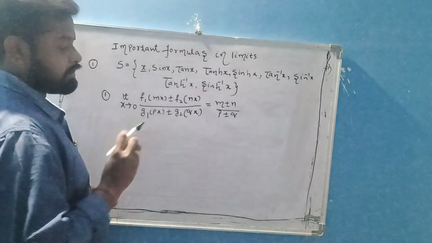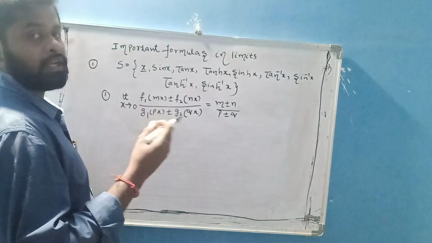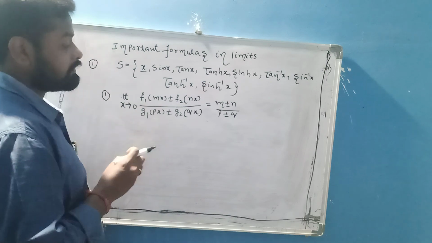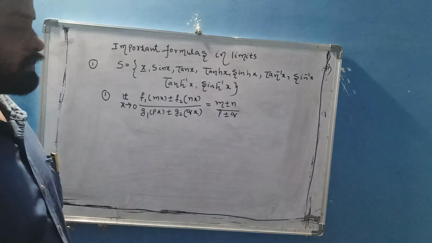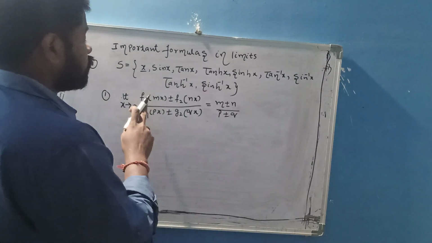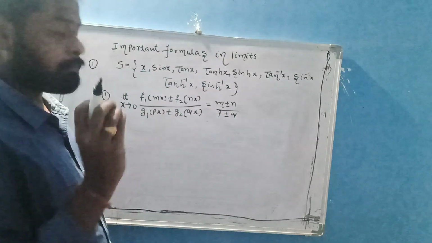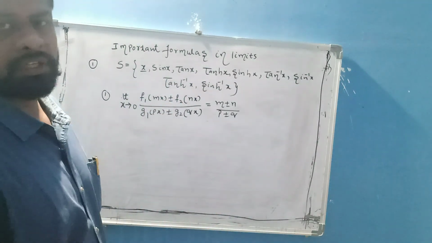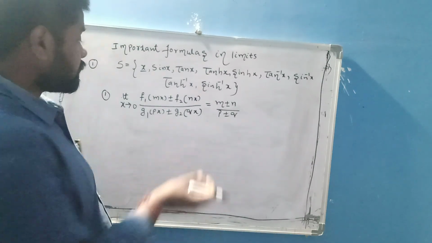F1 means first function, F2 means second function, and the denominator also has a different pair of functions, G1 and G2. Two functions only: one function belongs to F1, F2, and the second function belongs to G1, G2. Any two functions can be given in this form.